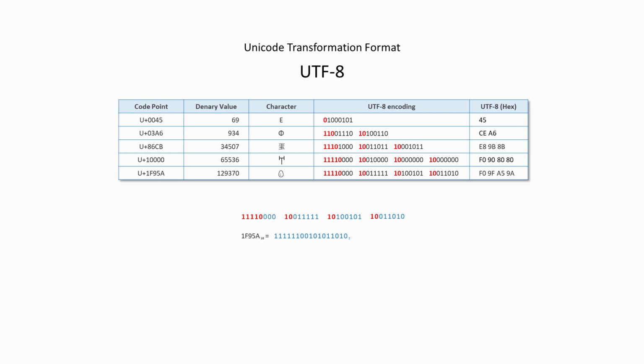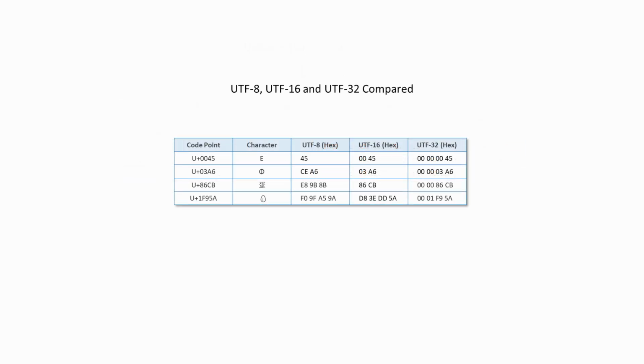But UTF-8 isn't necessarily the best way to encode text for space efficiency. Here's a comparison of the 3 Unicode transformation formats. Notice that the Chinese ideograph occupies 3 bytes in UTF-8, but only 2 bytes in UTF-16.